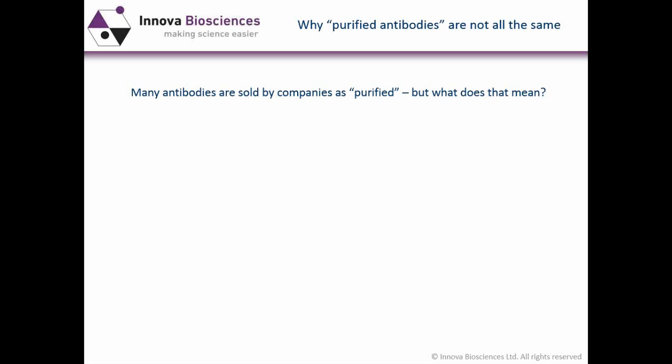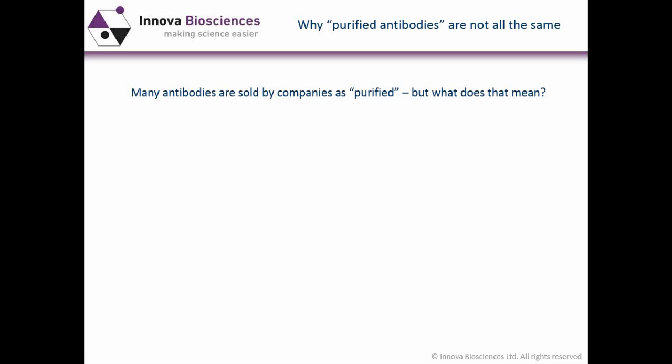If you're buying antibodies from commercial companies, and there are many tens of thousands of these available, they may often be sold as purified. What does that really mean in effect? I've listed down here some of the things to consider when you're looking at more detail at these antibodies.